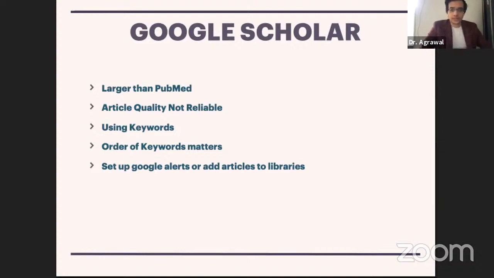You have to establish some keywords. The order of the keywords matters when you're searching in Google Scholar. Whatever the major keyword is, you keep it first in your search, and the rest you can keep in the latter part of your search. You can set up Google alerts for particular searches so that you can be completely up to date with any and everything about a particular topic, any new paper that's come out in that topic.